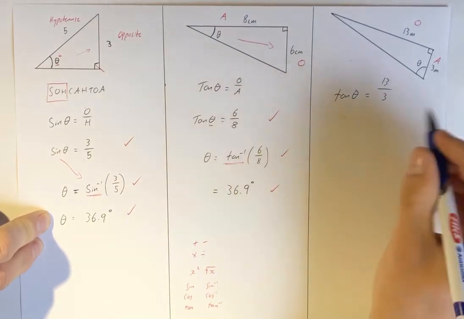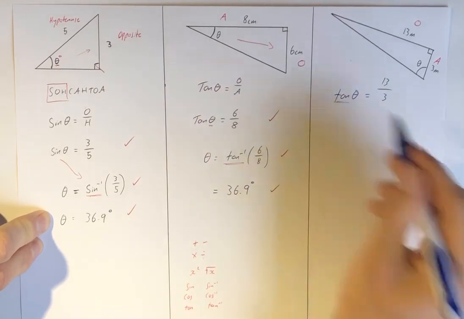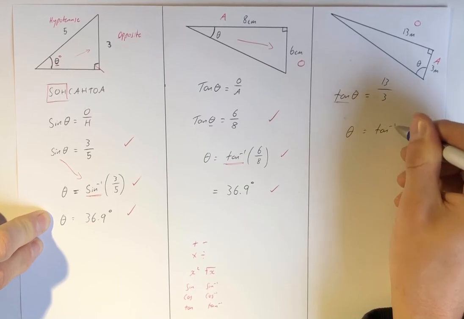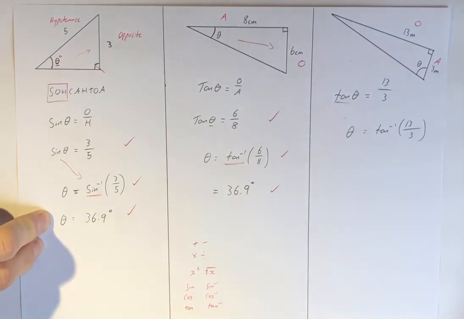Now I want to rearrange for theta, so I just inverse this function. So theta is tan inverse of 13 divided by 3.